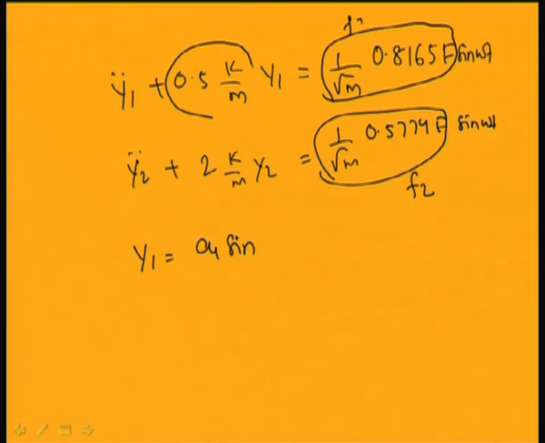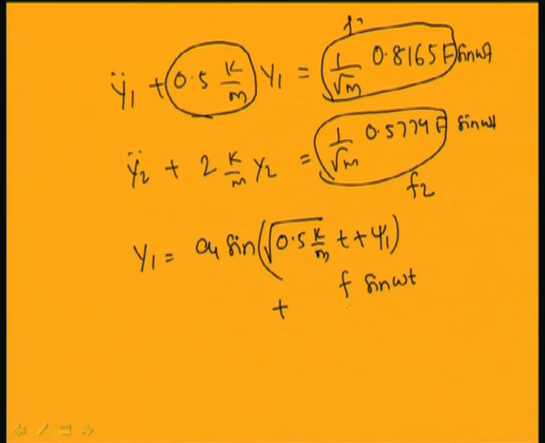So this becomes omega n equal to root over 0.5 k by m, t plus psi 1. For the particular integral, this becomes f sin omega t by, so this is d square, so minus omega square plus lambda 1.